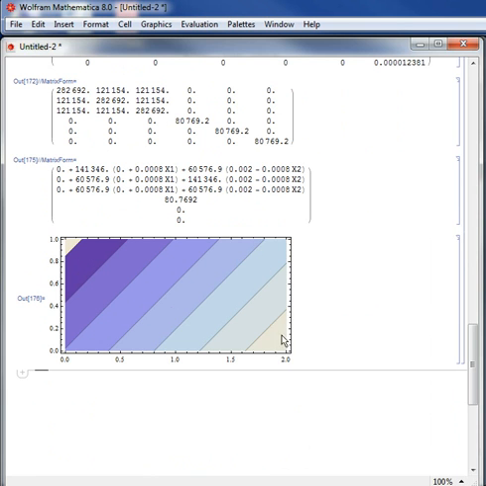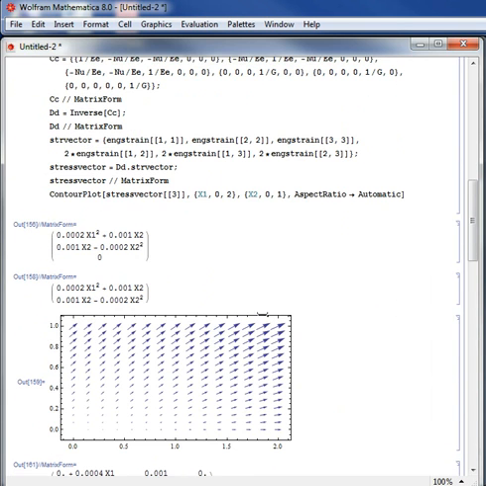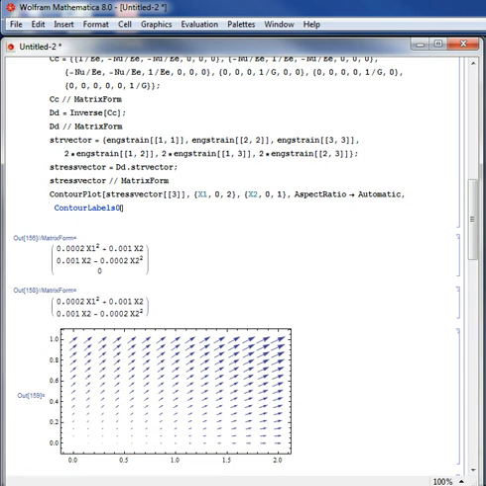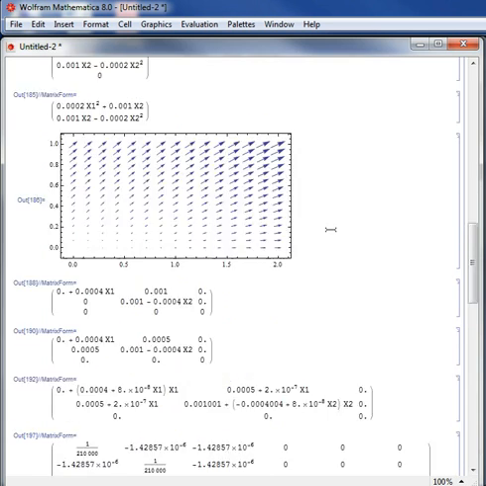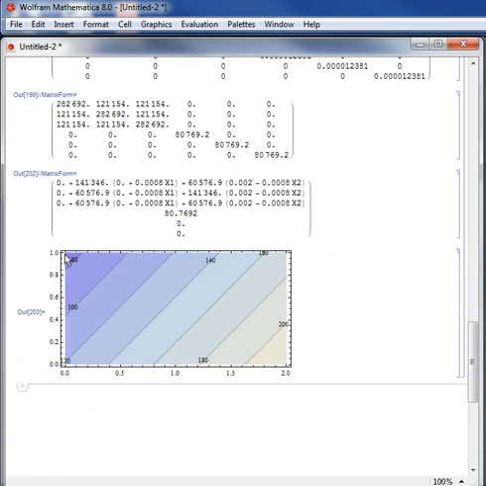and here's the contour plot, but I don't see any numbers, so I'm going to add the numbers here by saying contour labels all, shift enter, and this gives me the numbers, which means sigma 33 at this point is given by 80 MPa.